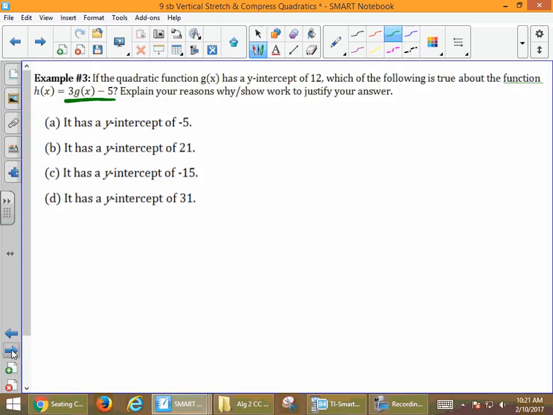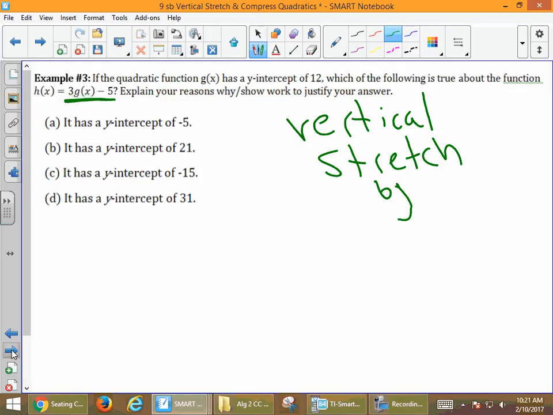Jordan, sorry. Stretch by 3. So we see a vertical stretch by 3. And this comes from having the 3 outside the g of x. And what is our other transformation, Tiffany? 0, 5.